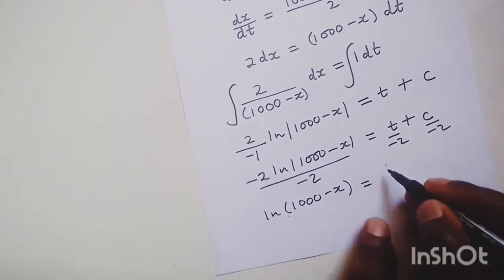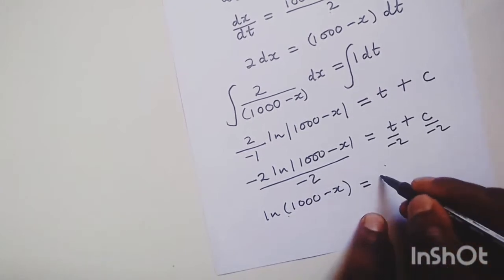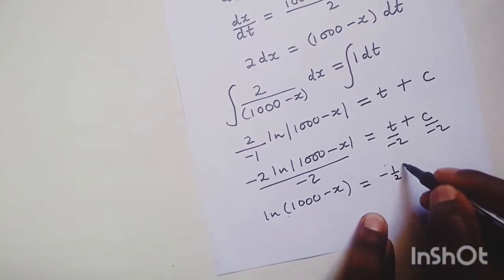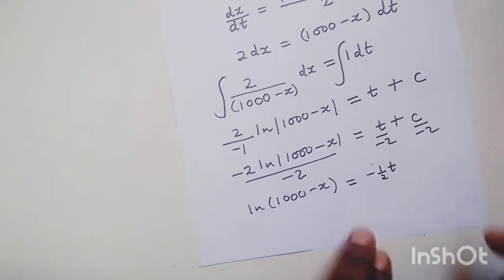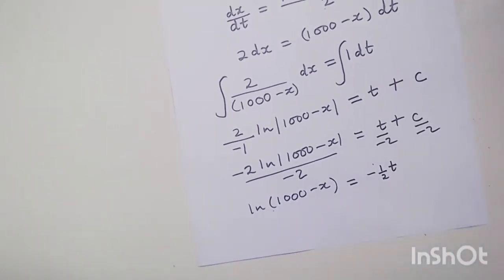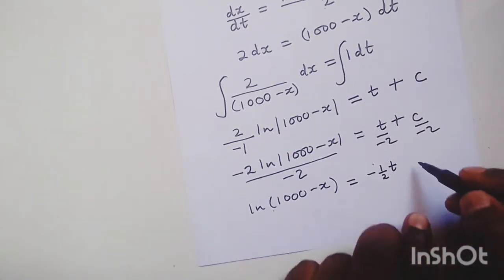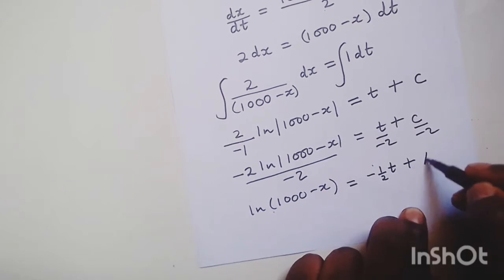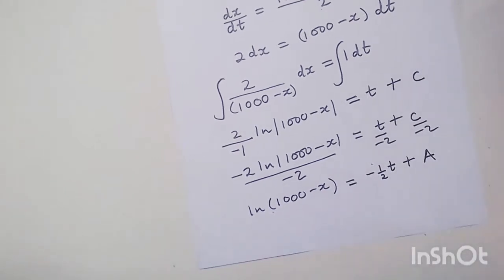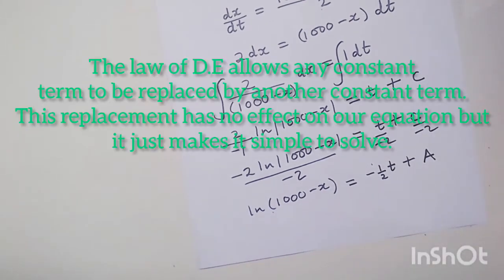Then you'll be left with t divided by minus 2, which is as good as minus half t. Then c divided by minus 2 is a constant term. So a constant term can be replaced by another constant term. So c over minus 2, we can just represent by another constant term, which is a.